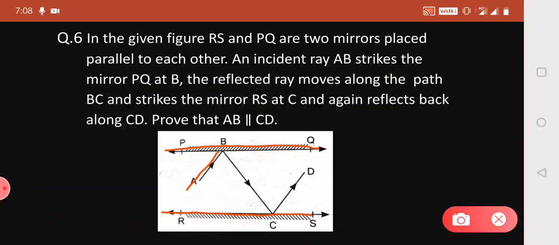Means when this ray is reflected at PQ, it takes the path of BC. And then again it strikes the mirror RS and is reflected to path CD. This is given in the question. We have to prove that these lines AB is parallel to CD.